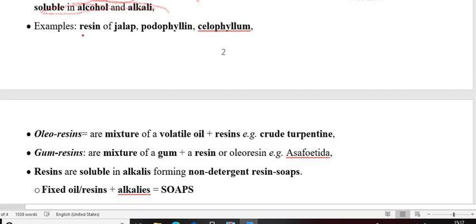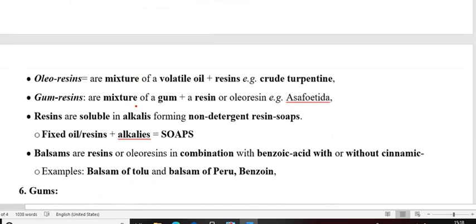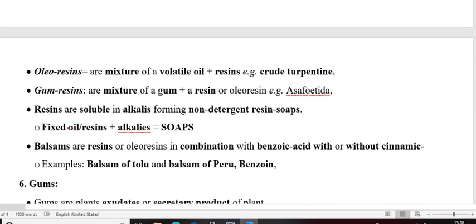Examples are jalap, podophyllum, and colophyllum. So we can say jalap, podophyllum, and colophyllum are examples of resins, which are extracts or exudates of the plant. Another property of resin is that when you mix the resin with alkali, it is going to form a soap.